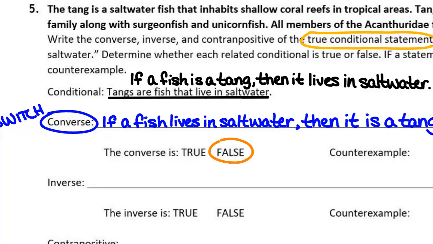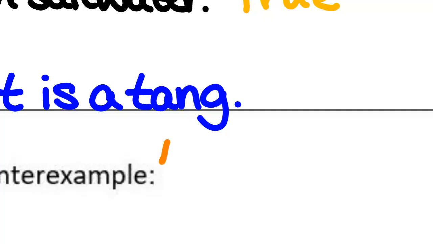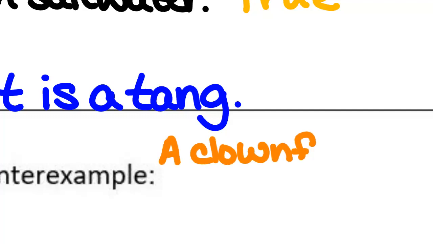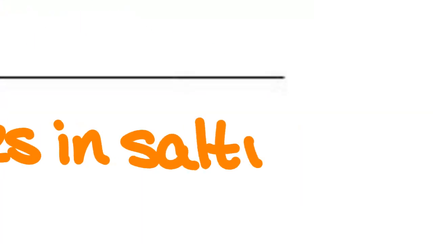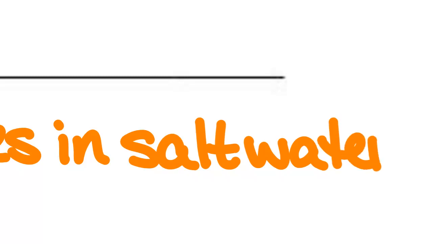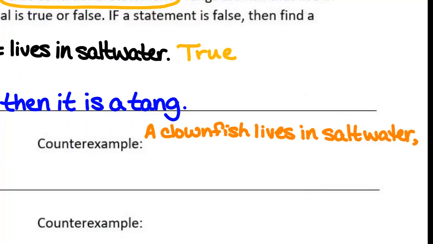It's a clownfish. Do they live in the ocean? Do they live in salt water? So I could use that as my counterexample. A clownfish lives in salt water, but is not a tang.